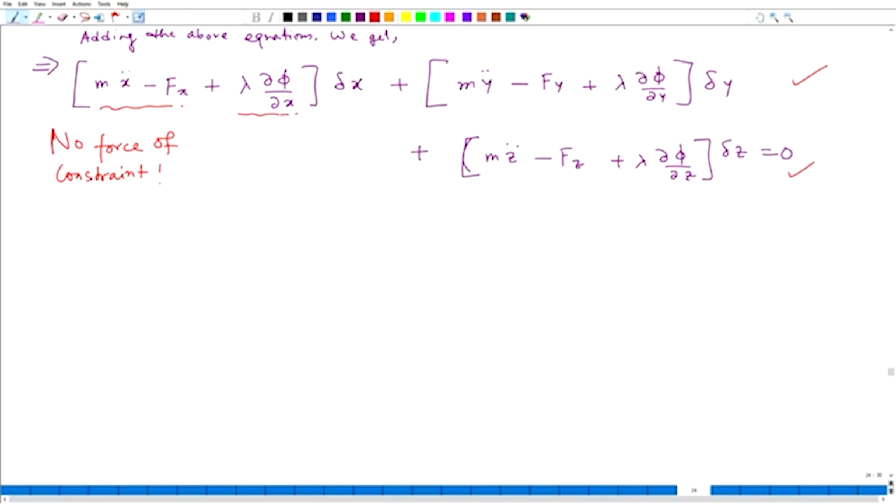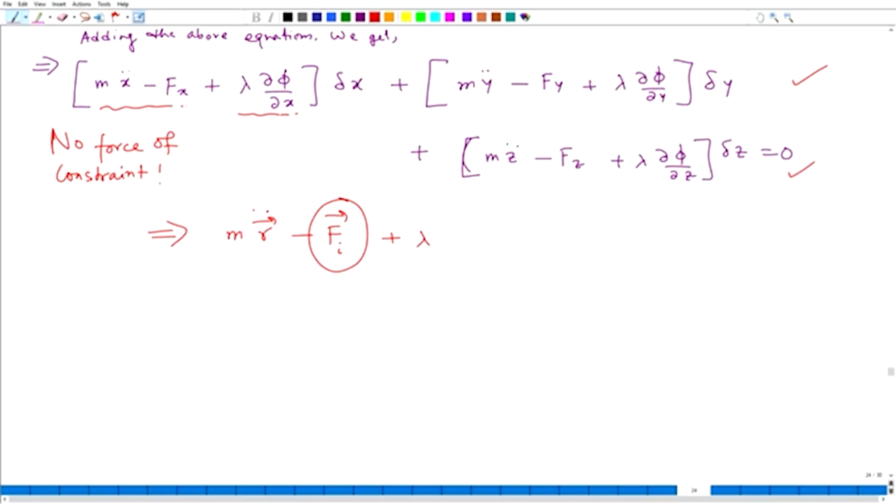So, if we write these things, then what is the vector form of this? The vector form is simply m r double dot minus f, or as you wrote f_I, for example, the part of force which is not related to the constraints, and then you will have plus lambda.